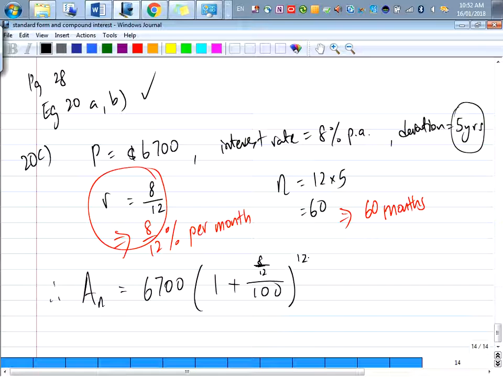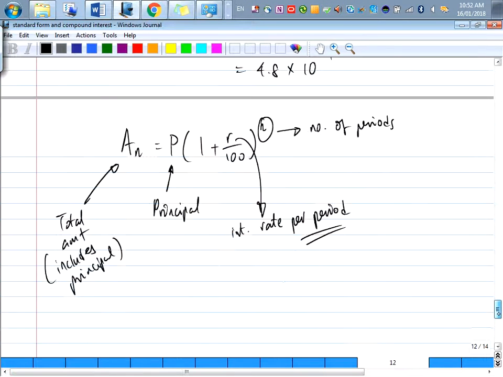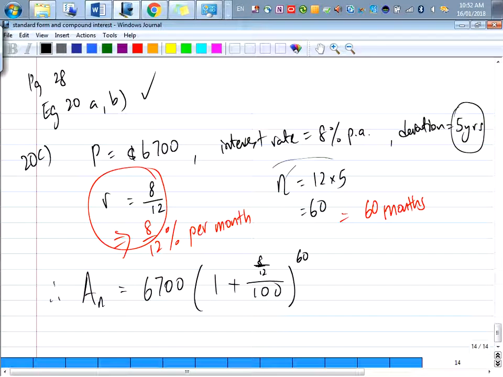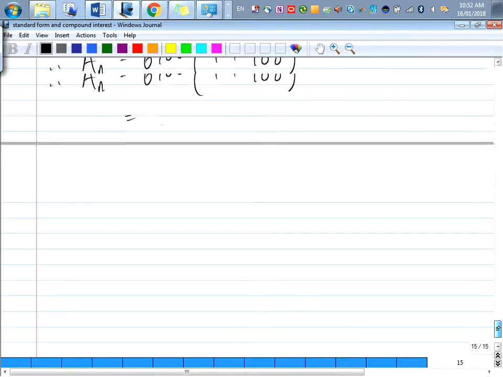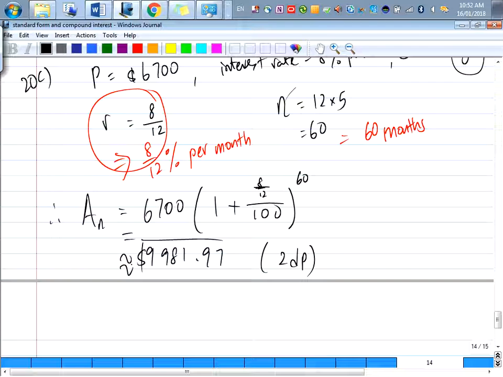If you want, you can put 12 times 5, or you can just put 60 if you had already shown me this in the previous step. Okay? So from here, calculate. The total amount will be 9981.97 to 2 dp. Before you show me the final answer, there should be something with more dp, then you round it off. Okay, like this.